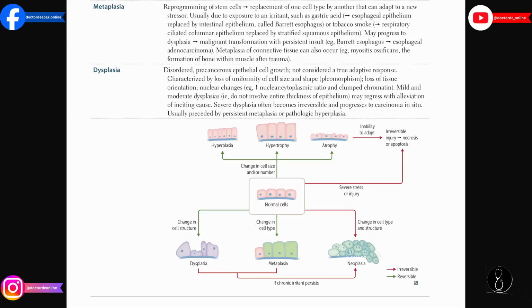And if you put stress on this normal cell, it can undergo different kinds of changes.